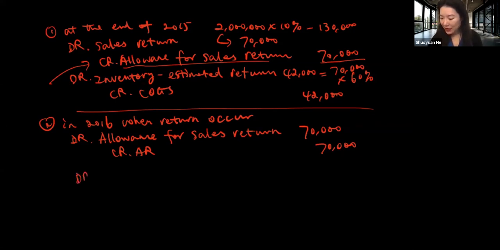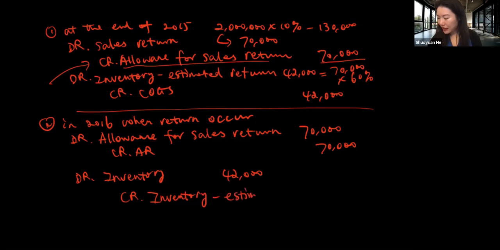And then I debit inventory 42,000 and credit inventory estimated returns 42,000. Now they are no longer my estimated return. They are already returned, so they're back in my warehouse, back in my inventory, 42,000. So this is how to account for sales return.